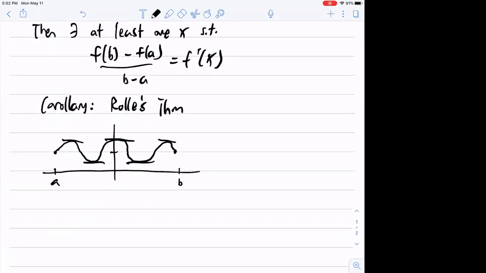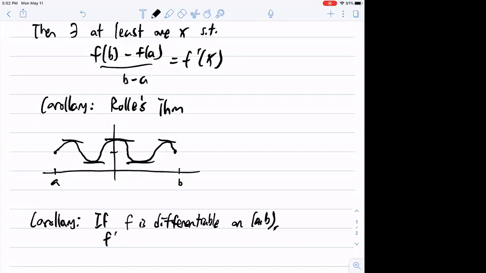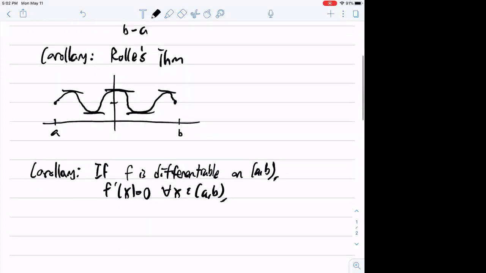Another corollary you can show is, if f is differentiable on (a,b) and f prime is 0 for all x in (a,b), then f is constant.